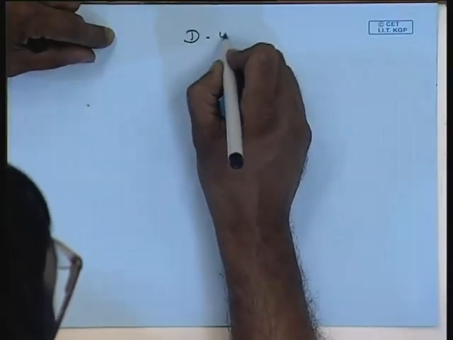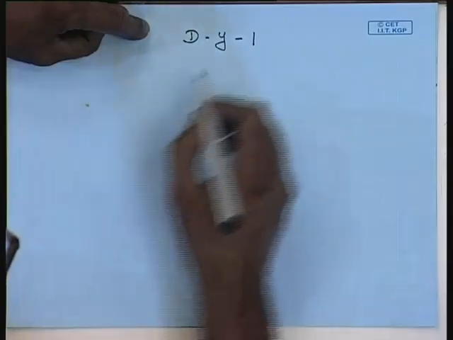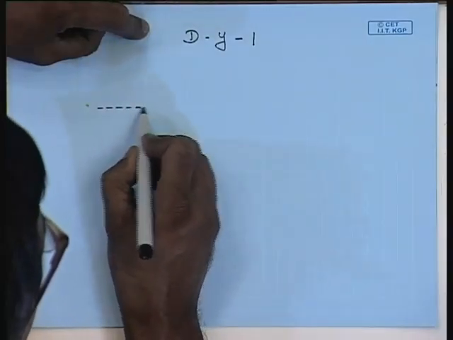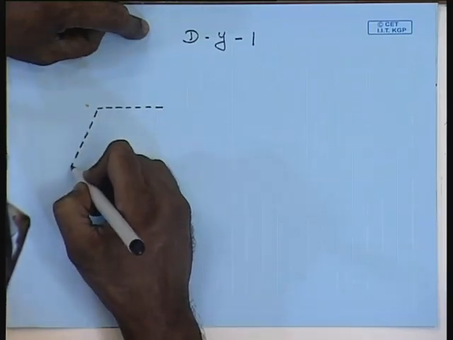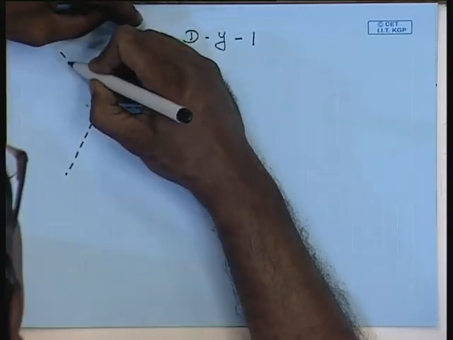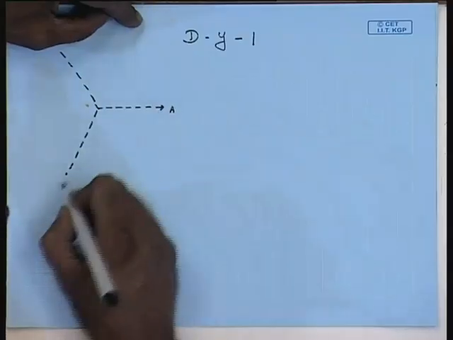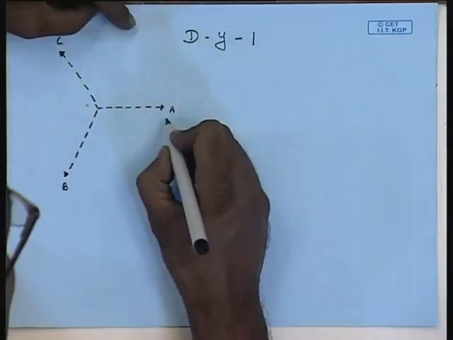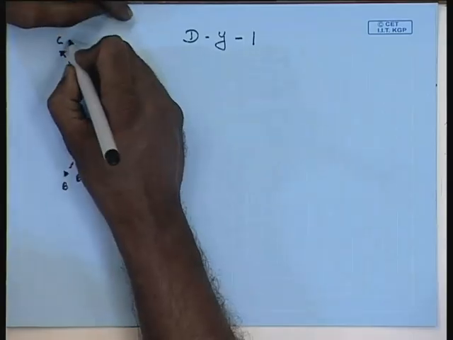Dy1. So, this is the line to neutral voltage of the high voltage side. This is A, this is B, this is C. Again, let us say this is the terminal A2, this is B2, this is C2.